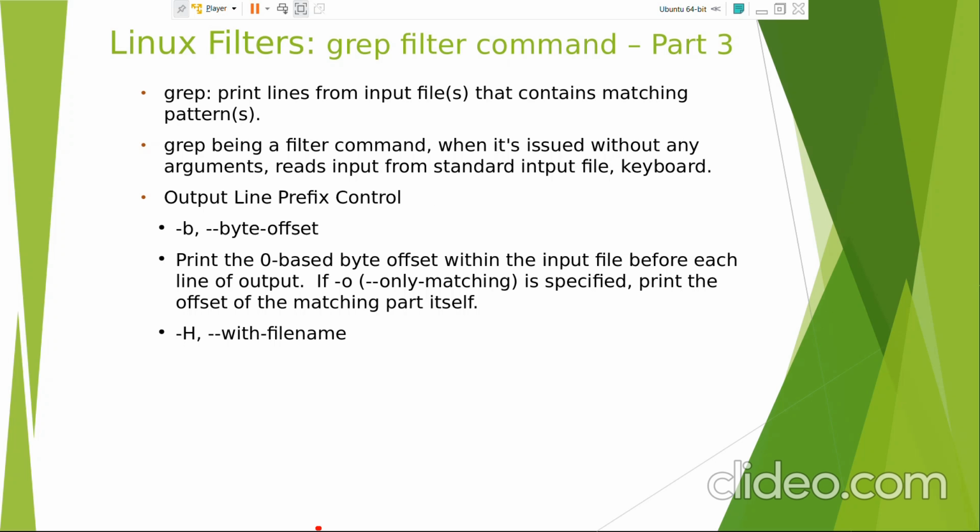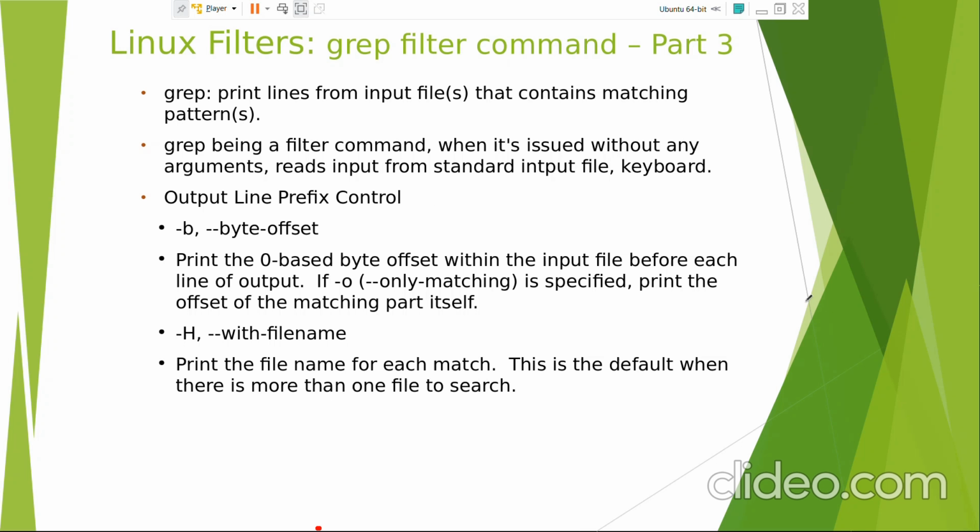Then the -H or --with-filename option. What does it do? Let us understand that. It prints the file name for each match. This is the default when there is more than one file to search.